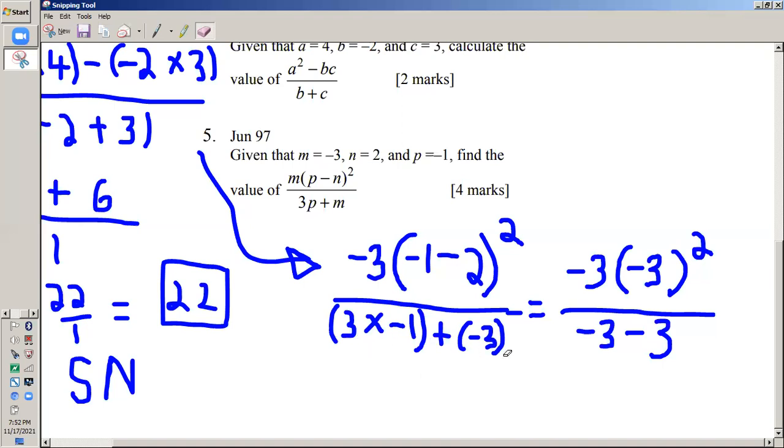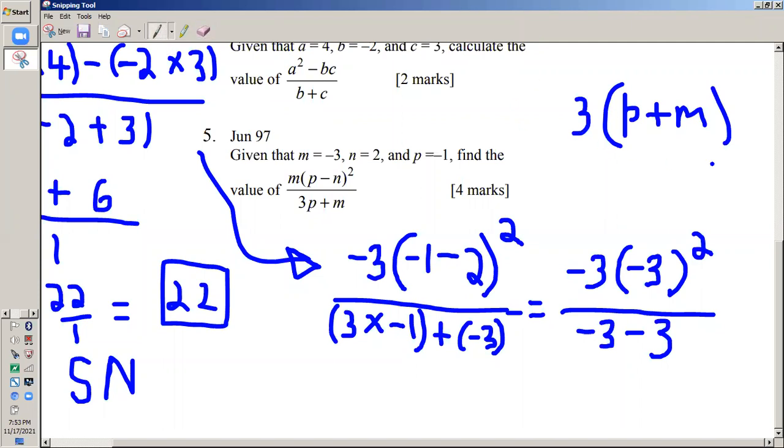So you can't write 3 bracket p plus m, because that's not what the question says.